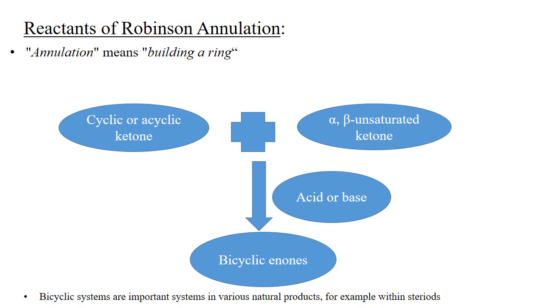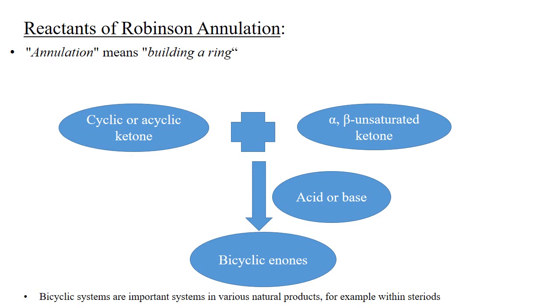The product must consist of a cyclic system. The product must contain one ring, that is the cyclohexenone ring. If the reactants of Robinson annulation reaction do not consist of a cyclic system, then the product consists of a single ring, that is the cyclohexenone ring.